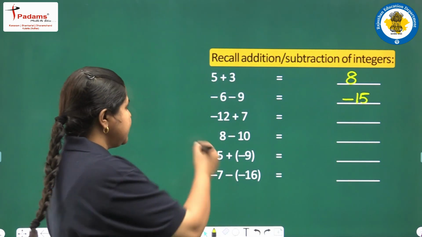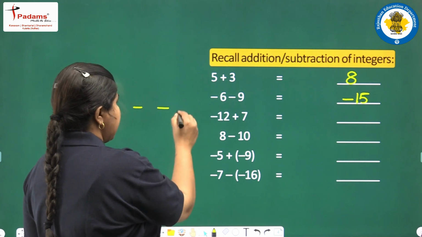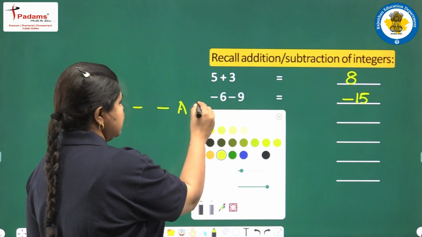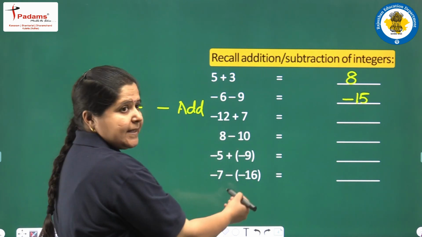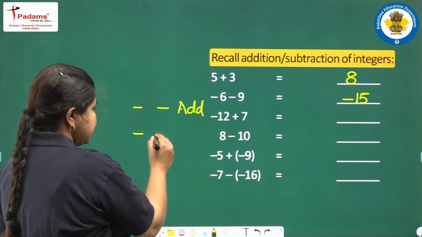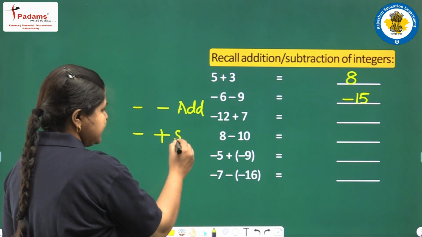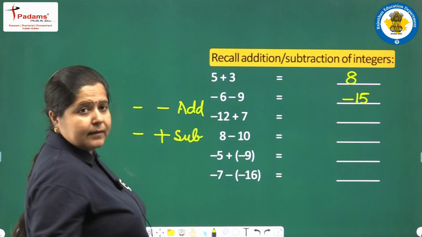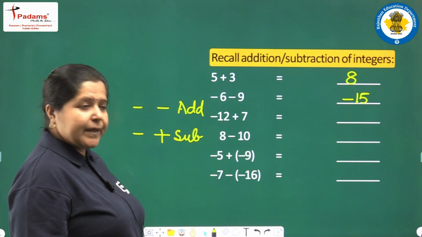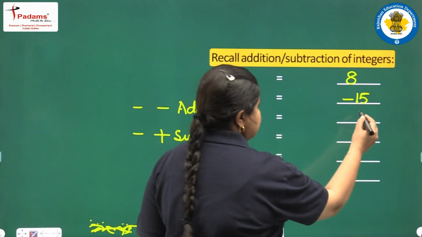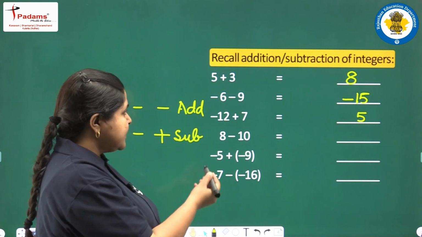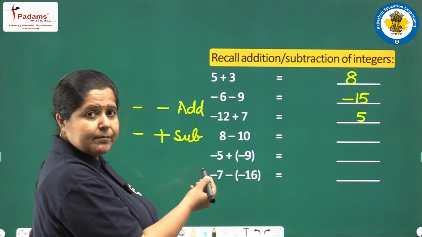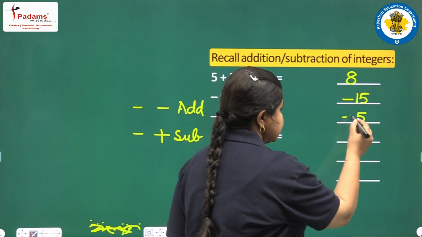Recall it, when both the numbers are minus, we add and the sign is also minus. Then minus 12 plus 7, when one number is minus and the other one is plus, we subtract and the sign comes of the bigger number. So we will subtract and get 5, 12 minus 7 is 5 and the sign of the bigger number is minus, so it will be minus 5.